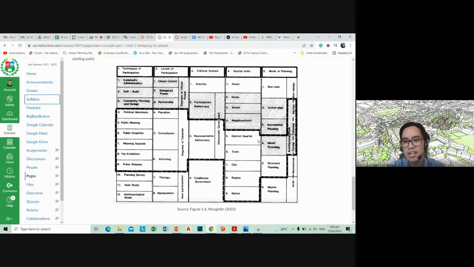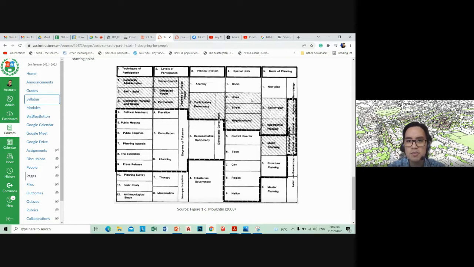So the area highlighted here with the broken lines is what usually happens, and the area highlighted here with the hatching is supposed to be the ideal. So partnership with the government, the political system is a participatory democracy, meaning the public actually gets to participate.